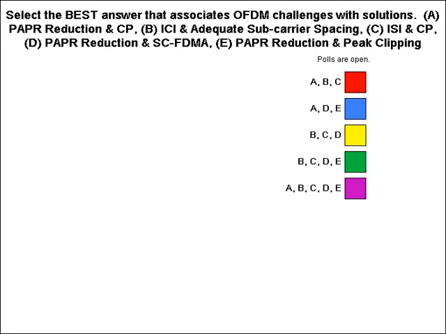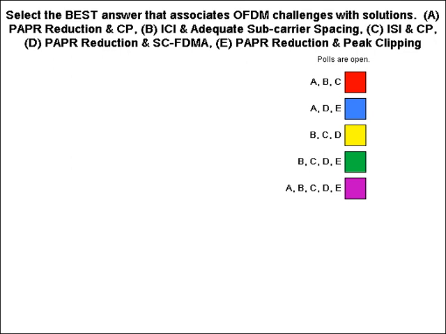Again, there is a single answer, a single choice, and you need to pick the best possible answer. There are many good choices here, but pick the one that is the closest match. Now, if I were you, I would think this way. Cyclic prefix, what does it solve?